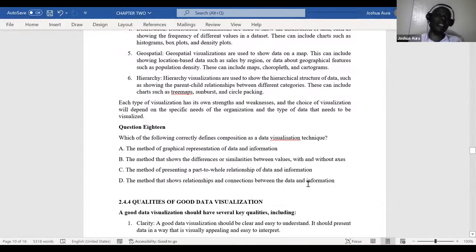So could you kindly, ladies and gentlemen, please guess which answer is correct? Not to guess, but of course from what I've really shouted here, I would want to believe that somebody should be able to get this very easily.